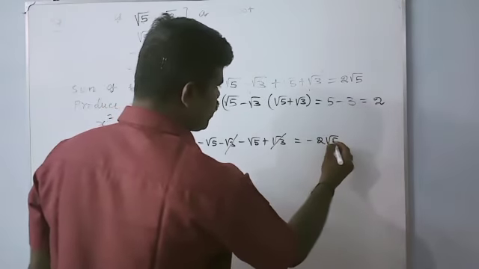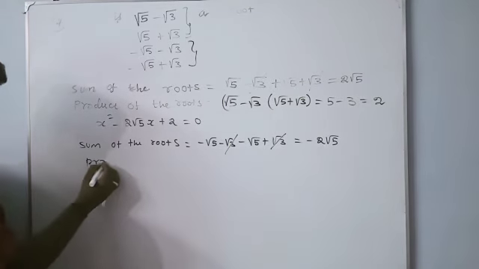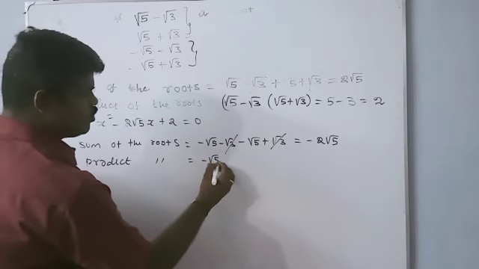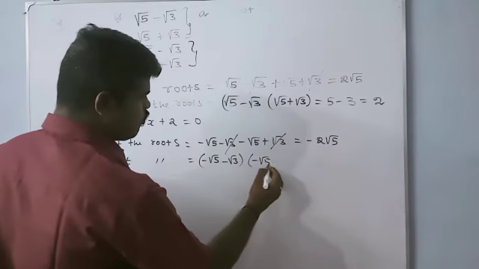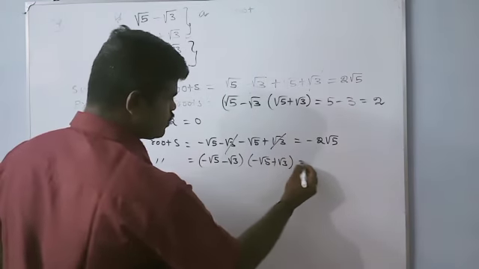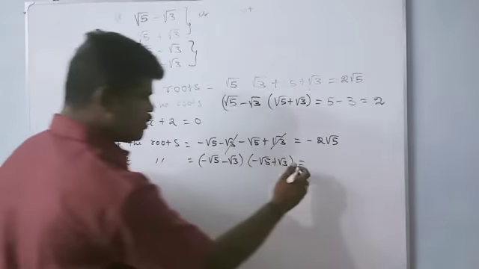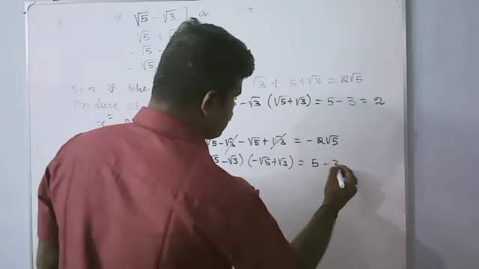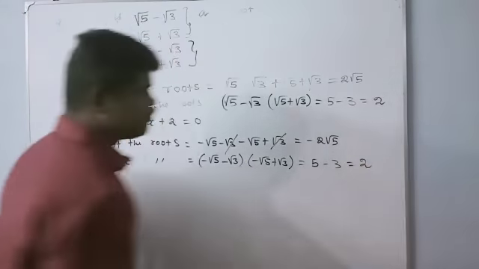Minus 2 root 5. And the product of the roots. The product of the roots is equal to minus root 5 minus root 3 into minus root 5 plus root 3. So what is the formula? a square, that means minus root 5 square is equal to 5, and minus b square is minus 3. Root 3 into root 3, 3. So the answer is 2.